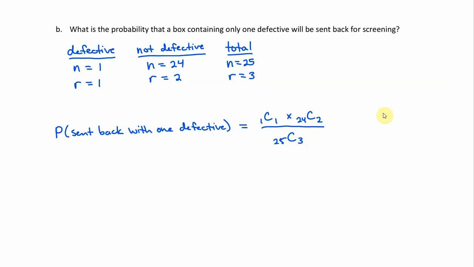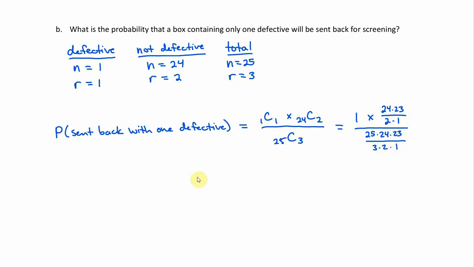Okay, so then 1 choose 1. How many ways can you pick one thing out of 1? There's only one way you can do that. So it looks like we're going to have a 1 there times, and then presumably canceling out the 22 factorials, we have 24 times 23 over 2 times 1. And then on the bottom, this will look awfully familiar because it's the same bottom as last time, 25, 24, 23 over 3 times 2 times 1.